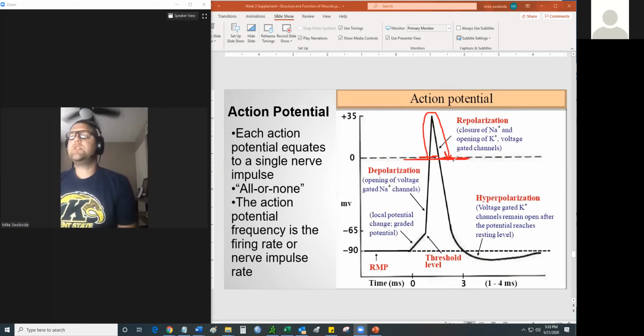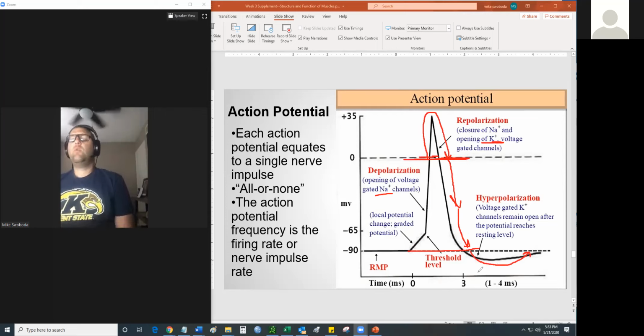After you reach below that zero, your sodium channels are going to open again, but your potassium channels are actually going to stay open. Then once you reach back to where that resting level would be, your body goes into a kind of emergency braking where it'll stop just so it can get back to its resting state.